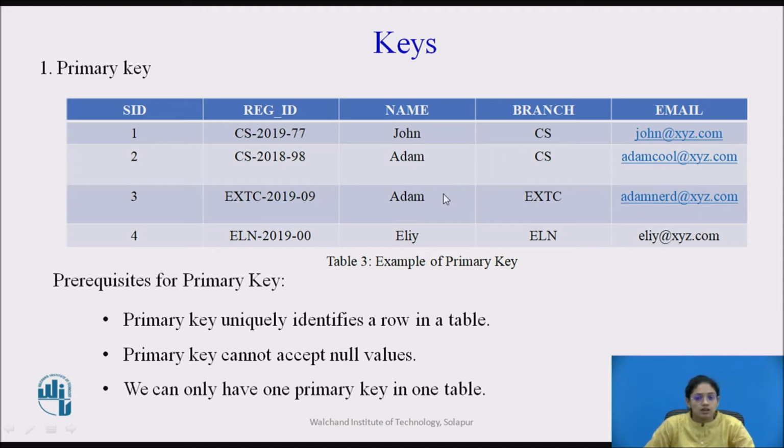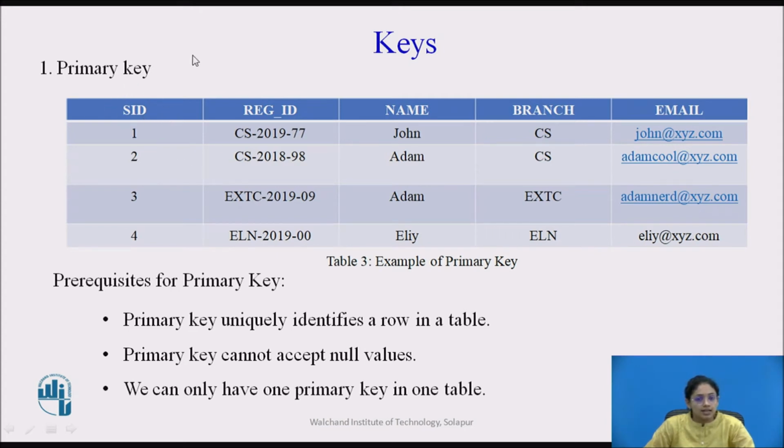If I ask to fetch the email ID of Adam, there are duplicates of Adam, so it becomes very difficult to know which Adam I am talking about. In this case, I assign an SID, which should be a unique value, and it will identify each Adam's details.